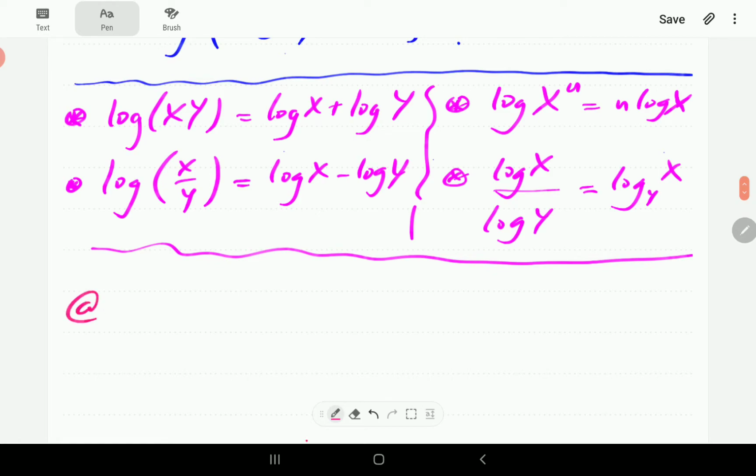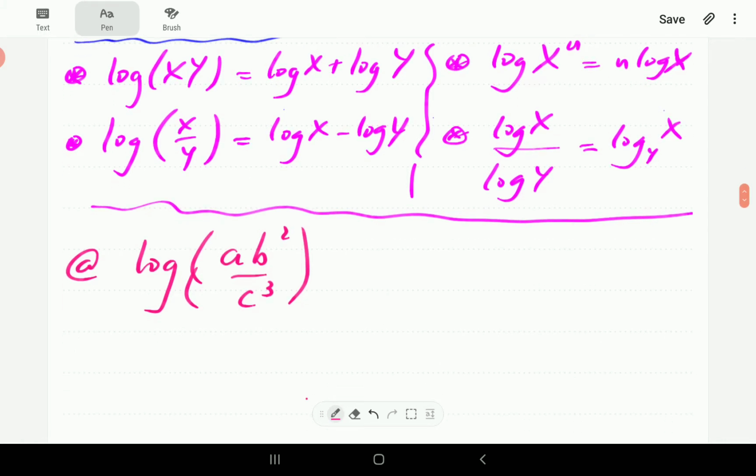Okay, so in part A, we have the logarithm of ab squared over c cubed. I want to express this in terms of log A, log B, and log C. The first thing we're going to do is use this second property, which says the log of a fraction is the log of the numerator minus the log of the denominator.